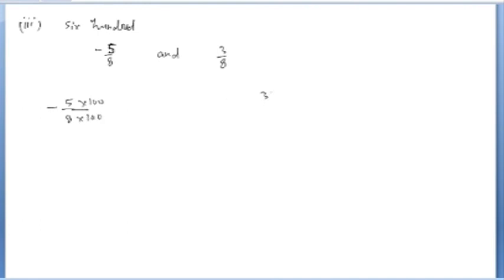So this will become minus 500 upon 800, and this will become 300 upon 800. So the difference between these numbers is now more than 600. It is 800.